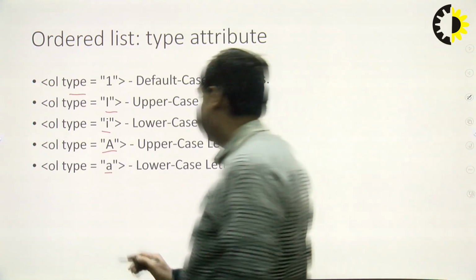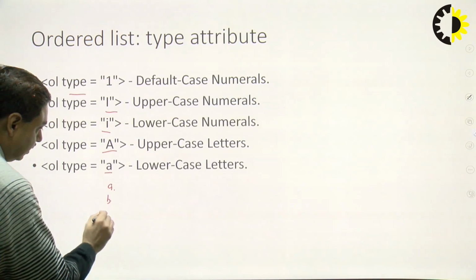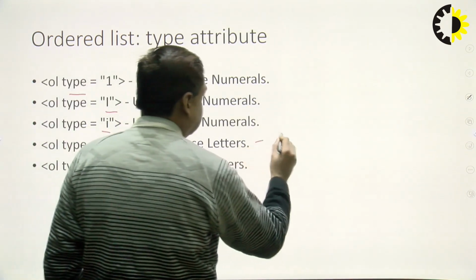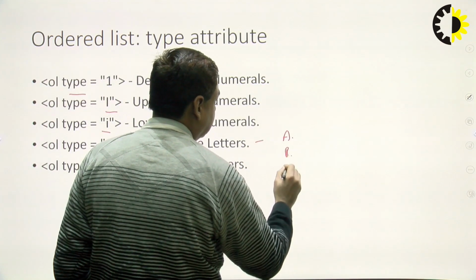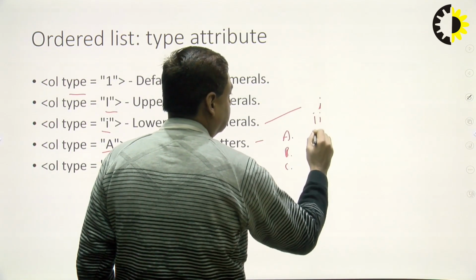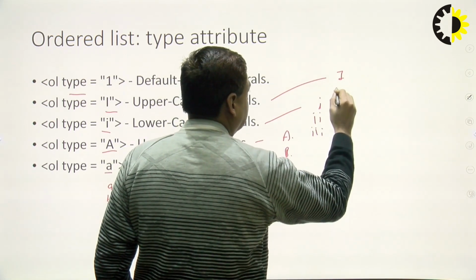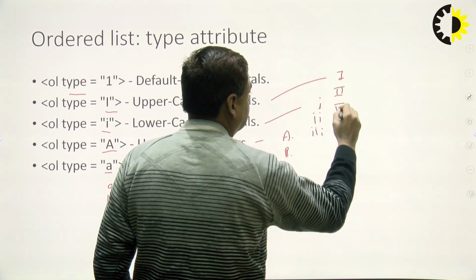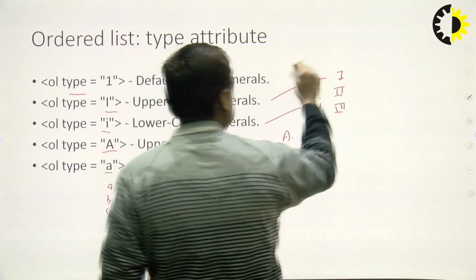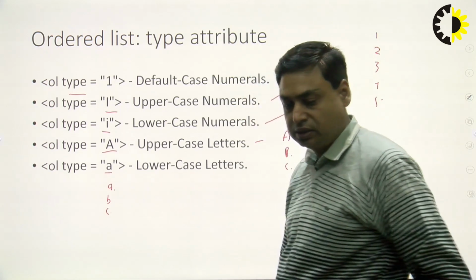So here it will display in alphabets like A, B, C. Here it will display like a, b, c. Here it is displaying small Roman letters, and here capital Roman letters. Now here will be 1, 2, 3, 4, and 5 like this.